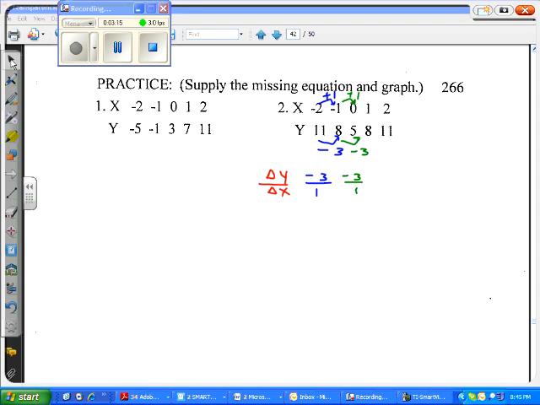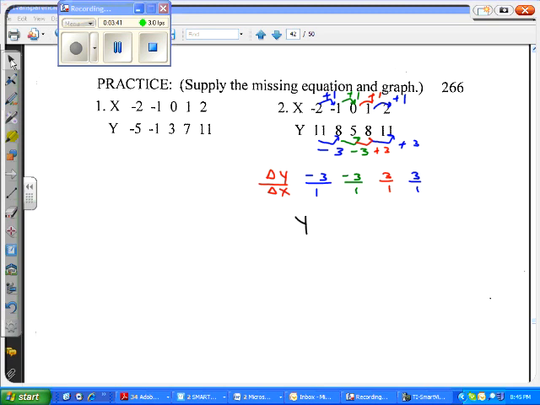So far it's looking linear, but all of a sudden things turn around on us. We have a gain of 3 rather than a loss of 3. Same number, but it changed signs. Then we have another gain of 3, with a gain of 1 in x. So we had negative 3, negative 3, positive 3, positive 3.